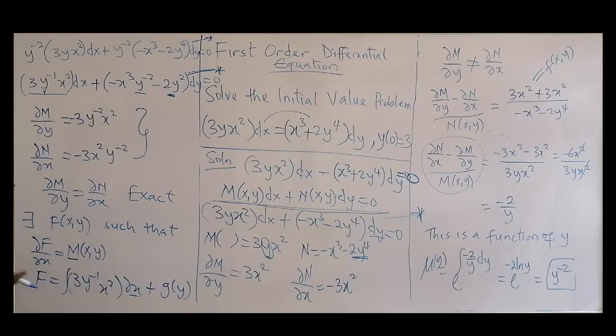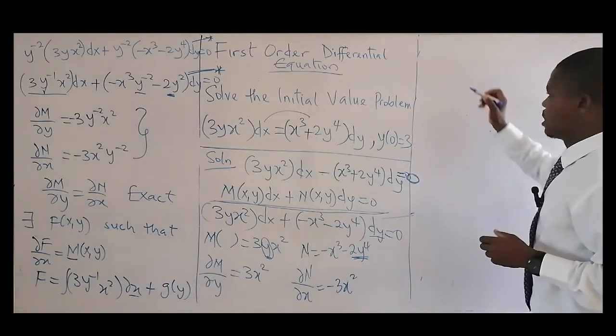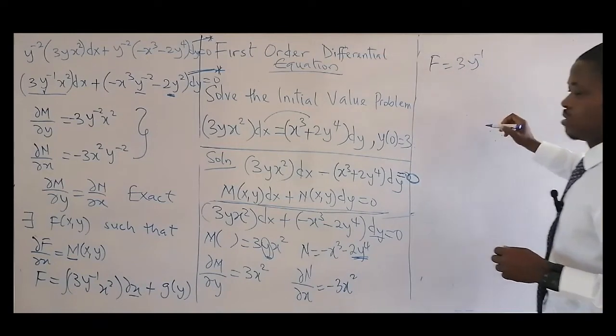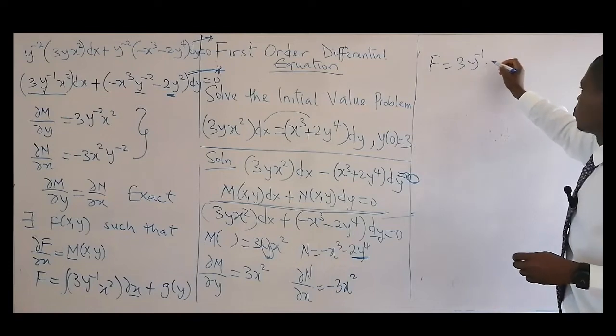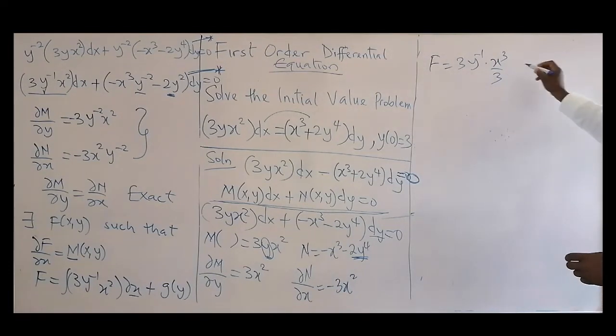You are integrating partially, so you just look for the variable x and integrate that. f will be equal to 3 times y to power minus 1, then x³ over 3, plus g of y.